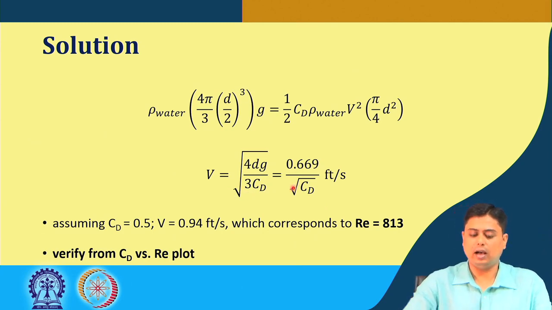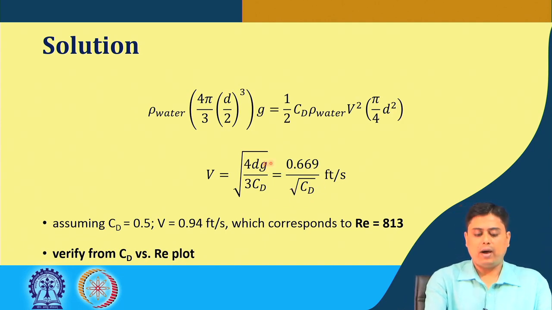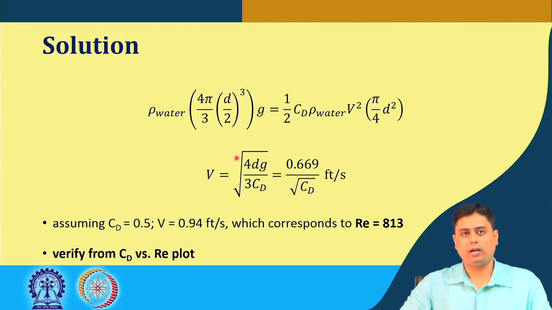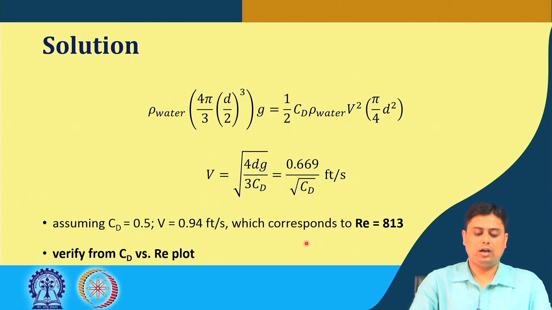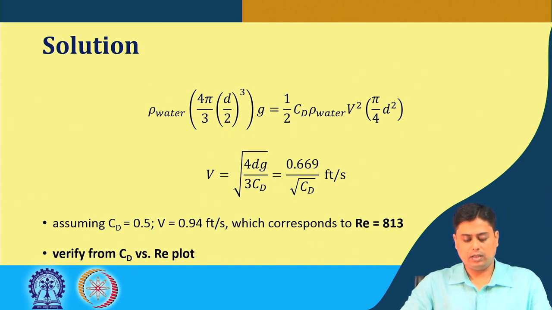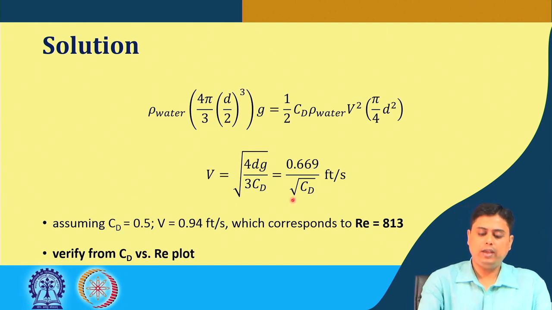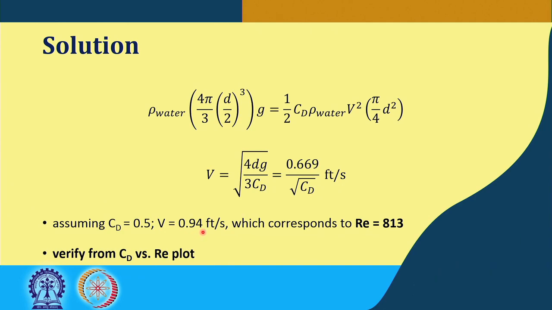Now this CD is unknown. So by trial and error we have to put in some V, find the value of CD and find the V, and then cross-check our consideration by looking at the CD versus RE plot, whether that is consistent or not. For example, if we assume CD to be 0.5, we calculate a V of 0.94 feet per second, which corresponds to a Reynolds number of 813.